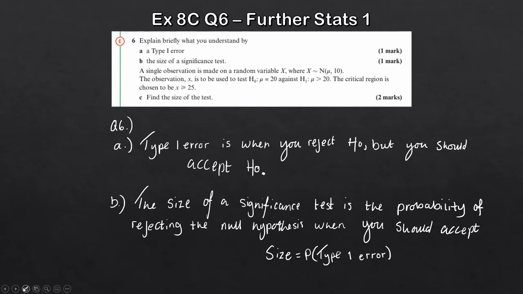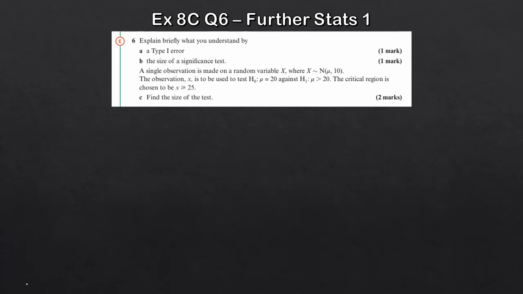Okay, so let's clear all this so we've got some room to have a go with it. Part C here wants us to find the size of the test. The first thing we're told is that it's a single observation on a random variable x, where x is distributed with a normal distribution with mean mu and variance 10.